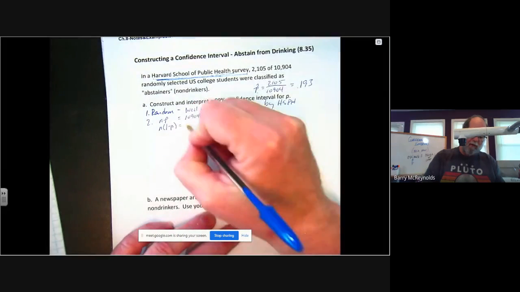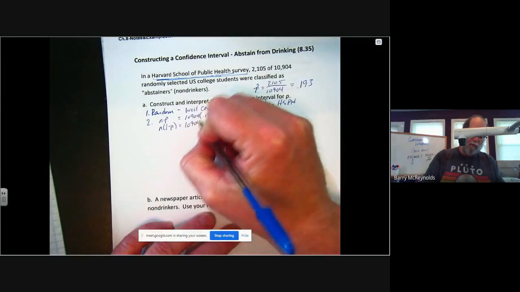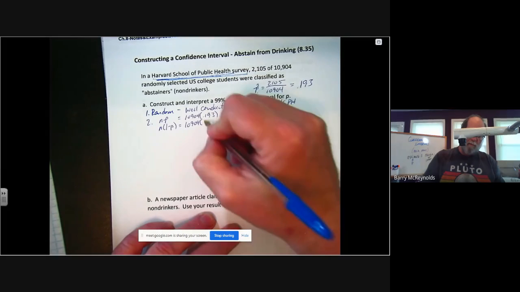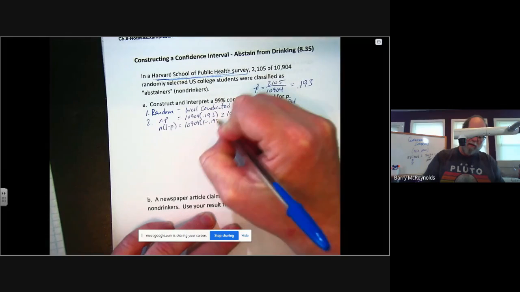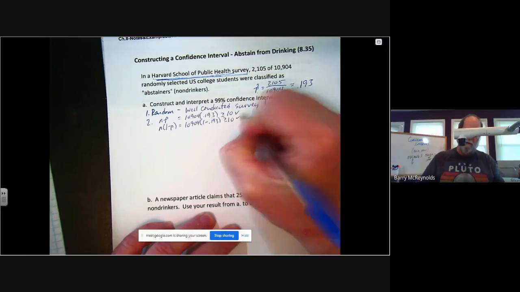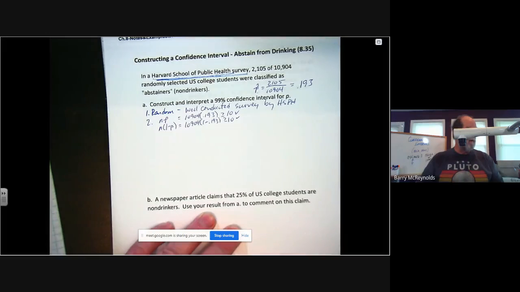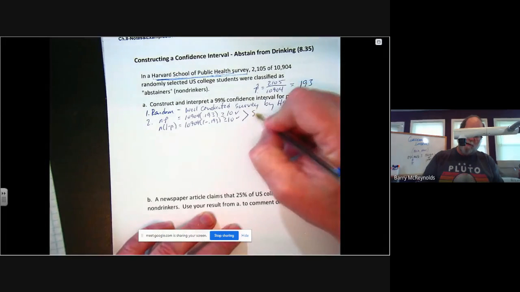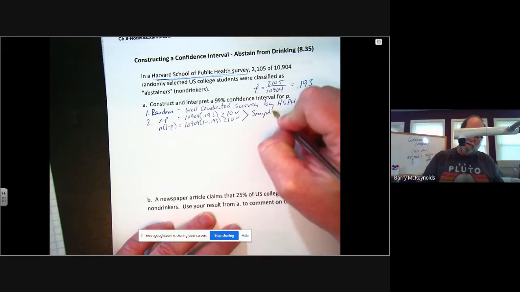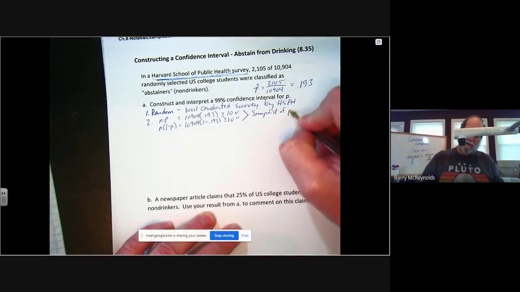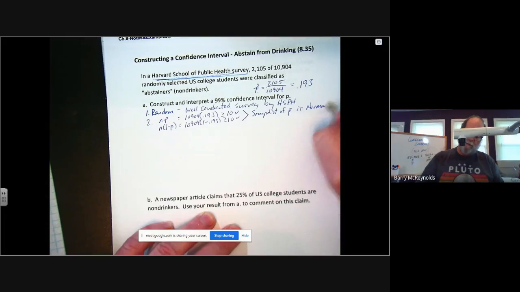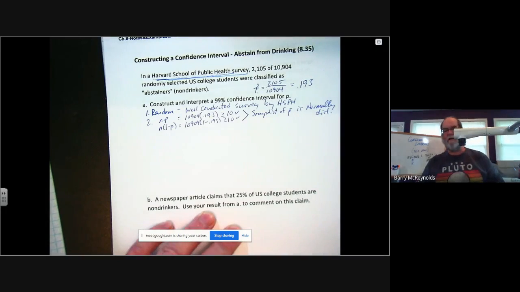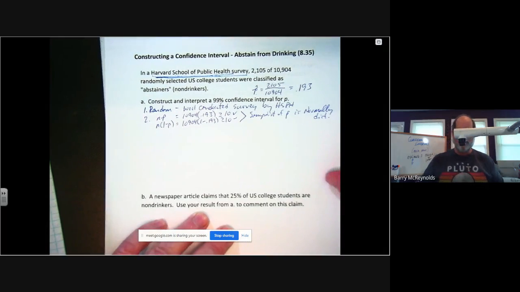And the same thing here, 10,904 times 1 minus 0.193. Again, we're confident that that's greater than or equal to 10. So from that, we conclude that the sampling distribution of p hat is normally distributed. So we've got a good idea of the shape.